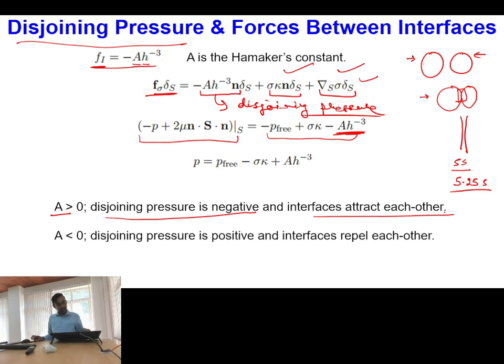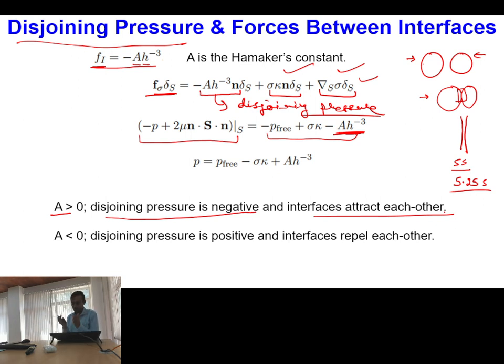So when A is greater than 0, your pressure will become negative and interfaces will move at a faster pace. This is something which happens for pure systems. Pure water will have more growth of instability and faster pinch off. This can happen in multiple ways.